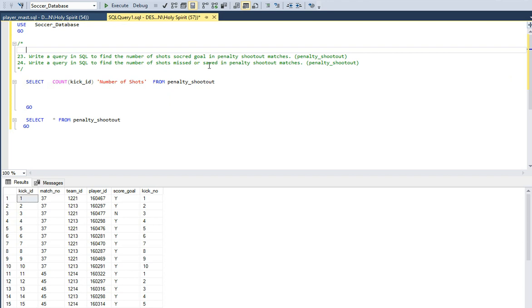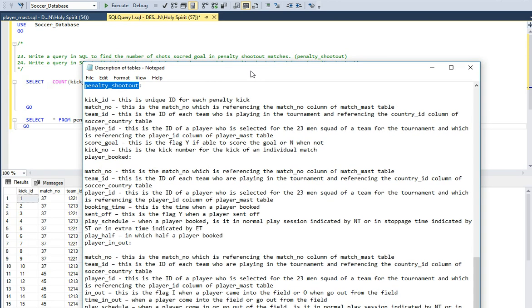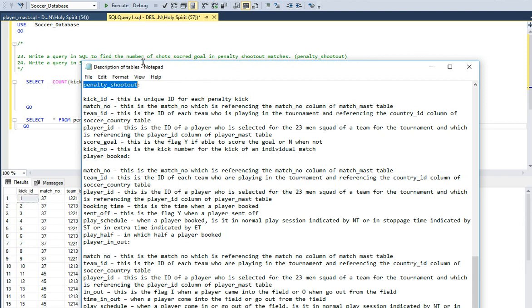Next: find the number of shots scored goal in penalty shootout matches. Write a query in SQL to find the number of shots scored. Here we can read this one. Where is it? Yeah, score goal.